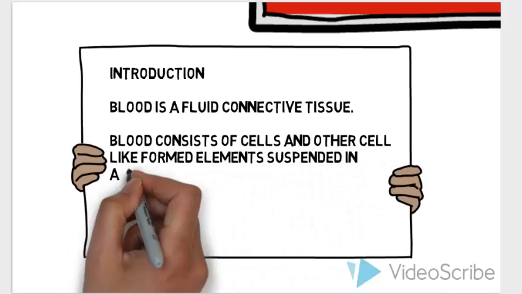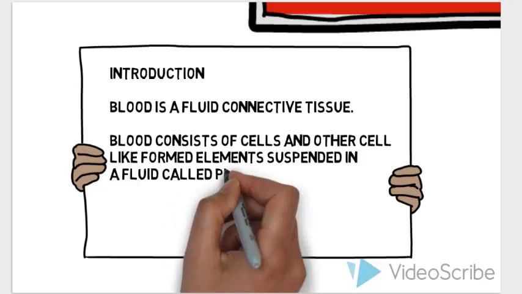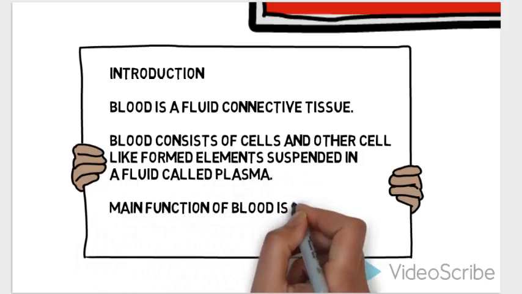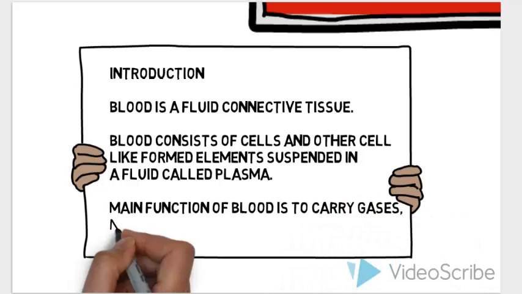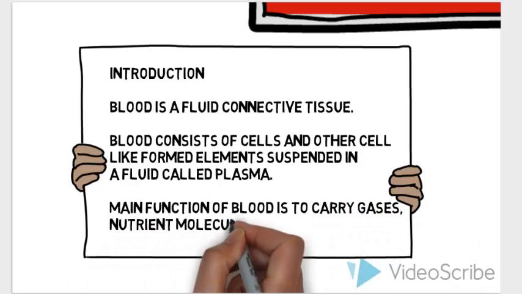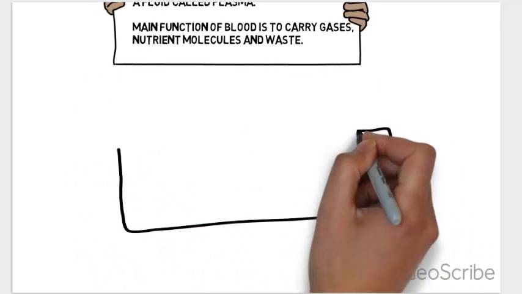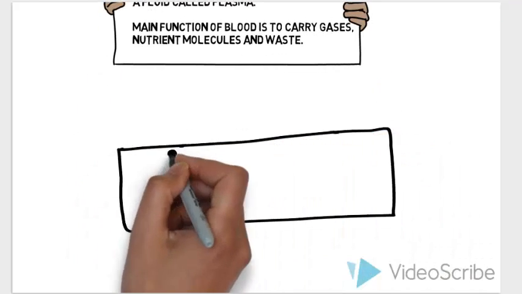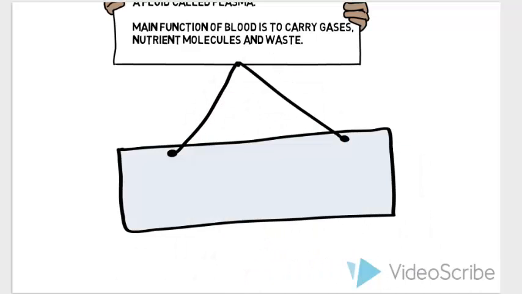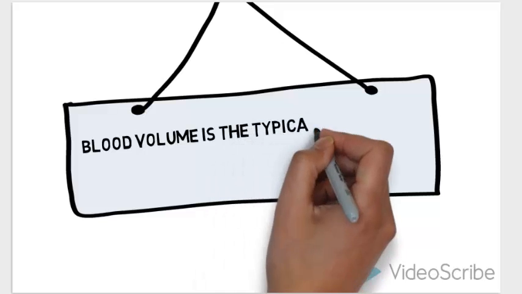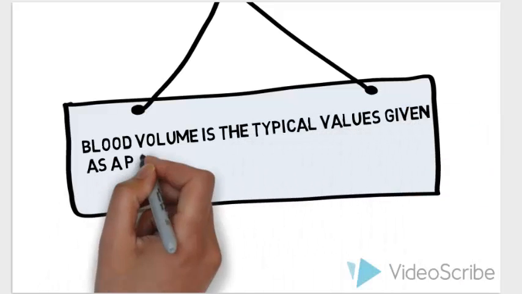Main function of blood is to carry oxygen or gases, nutrient molecules, and wastes. The blood volume, typically given as a percentage of body weight, is 7 to 9%.